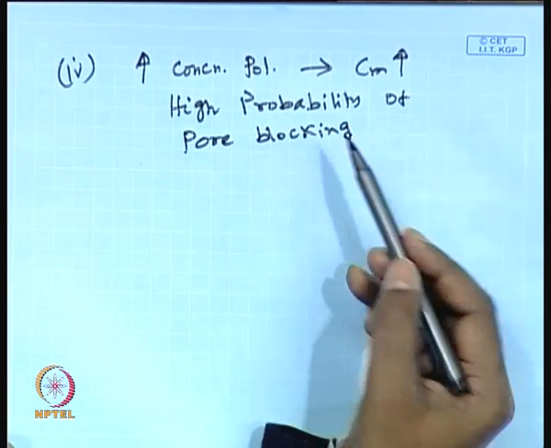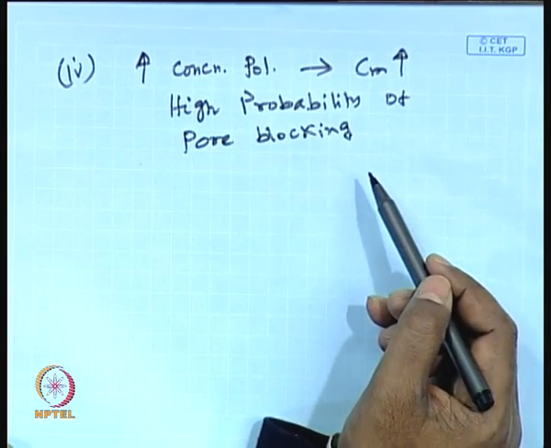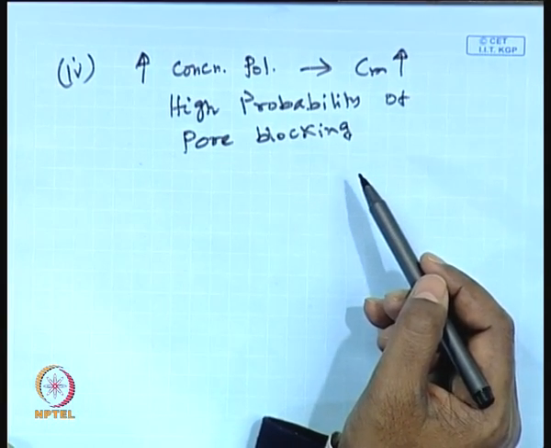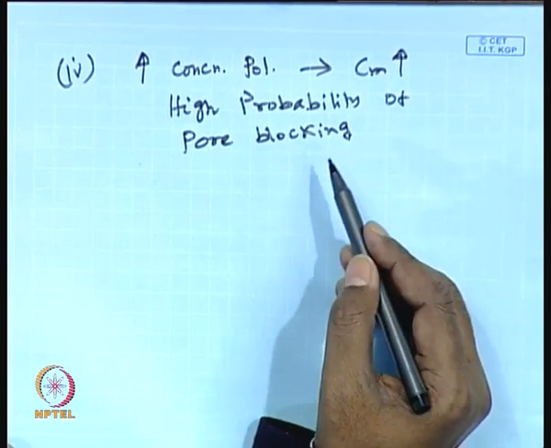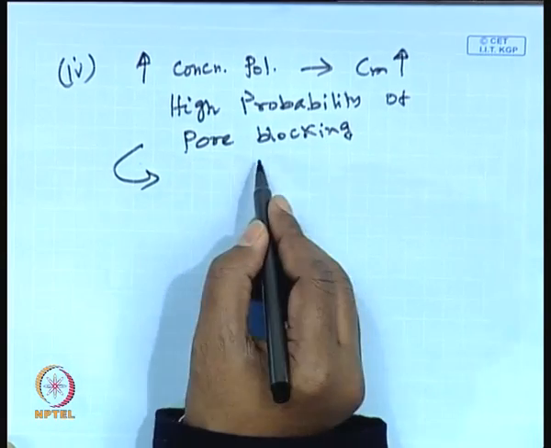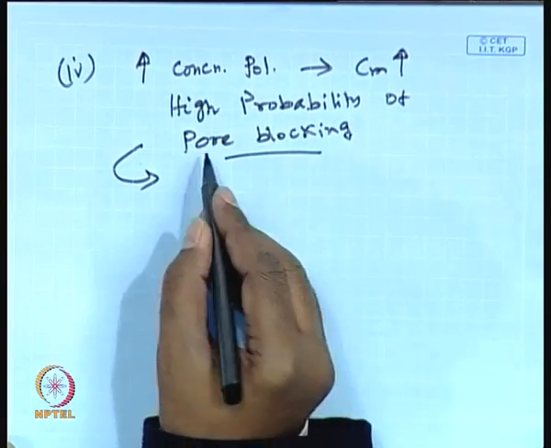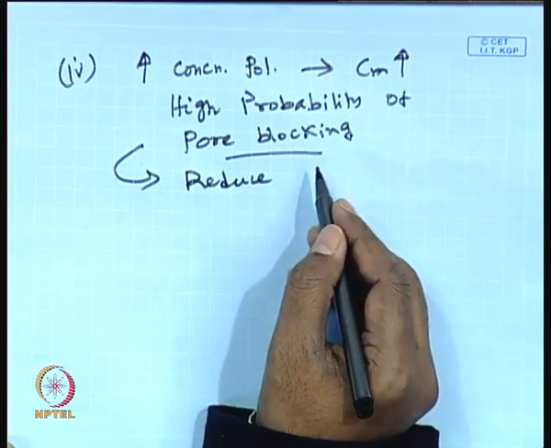Okay. More solutes will be transported through the membrane, and since the pores are not always straight cylindrical pores, they are all interconnected zigzag pores, some of the pores may be completely blocked, some may be partially blocked, partial clogging, and all those things can occur. So, what does this pore blocking do? This pore blocking will reduce the permeability of the membrane.